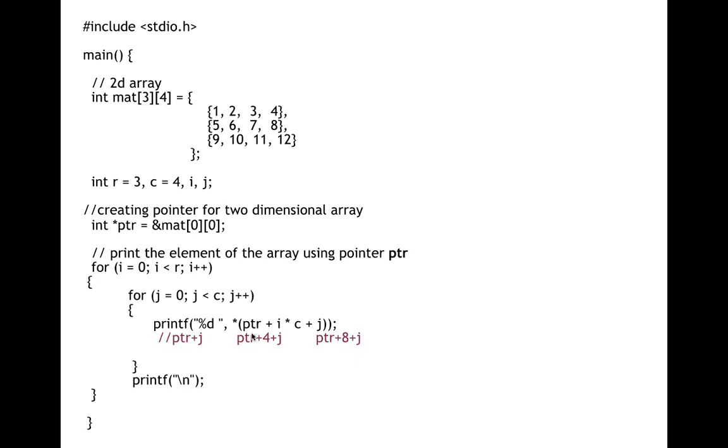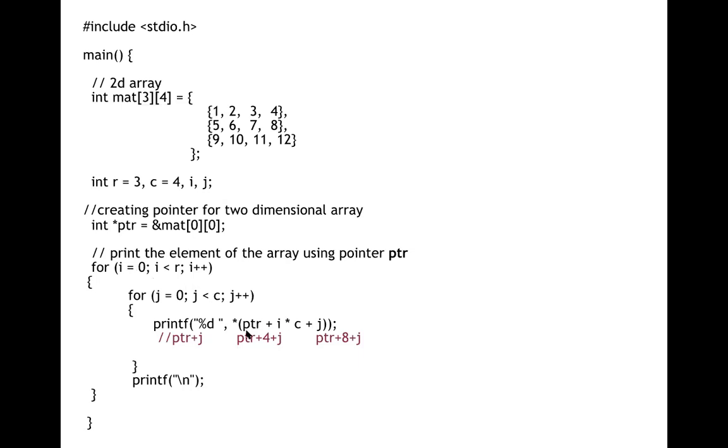The first time I enter, I equals 0. When I equals 0, J varies from 0 to 4, that is 0, 1, 2, 3, because C is 4.